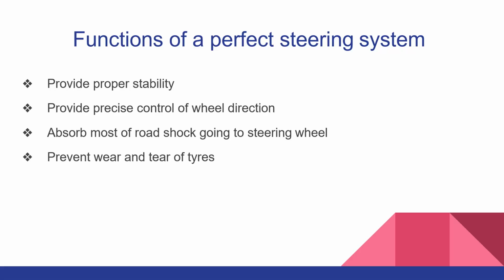Then another function of a steering system is to absorb the road shock going to the steering wheel. So we know that when the vehicle goes through the road, there are shock absorbers fitted to the front axles.